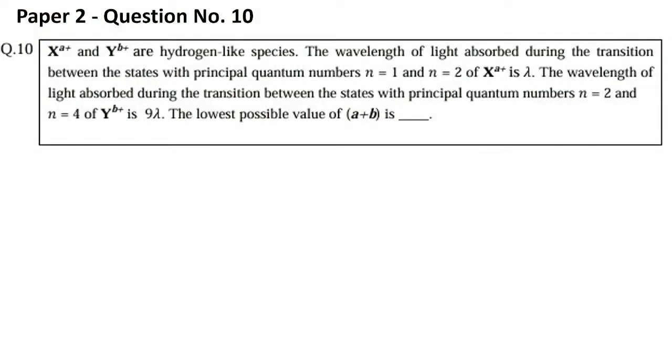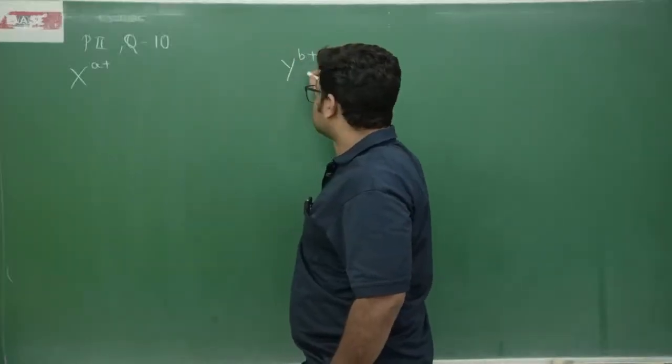Hello students, we have paper 2, question number 10. The question says there are two hydrogen-like species, X and Y. X has charge A plus, Y has charge B plus.